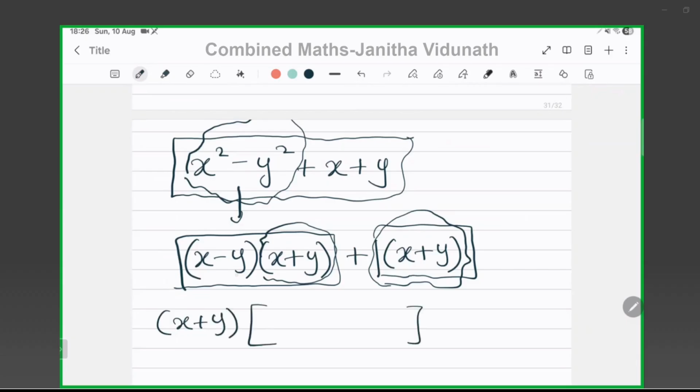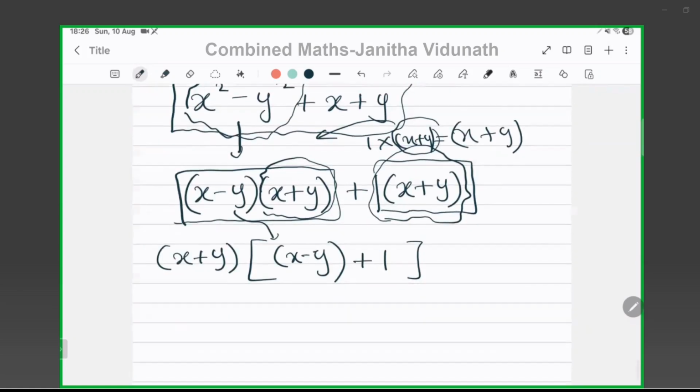Here x minus y remains, and here x plus y means 1 times x plus y. Then if we take x plus y out of the brackets, there is a remaining plus 1. Then this can be factorized as x plus y times x minus y plus 1.